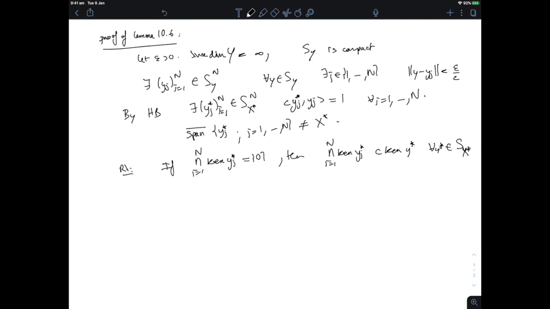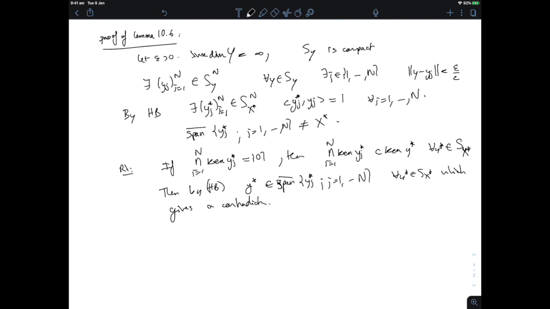But if that happens, as we've seen before, by an application of Hahn-Banach in this geometric form, when we have these intersections of kernels, you can prove that y star has to belong to the closure of the span of the y_j star. And that will be a contradiction. So the intersection of these kernels cannot be trivial.